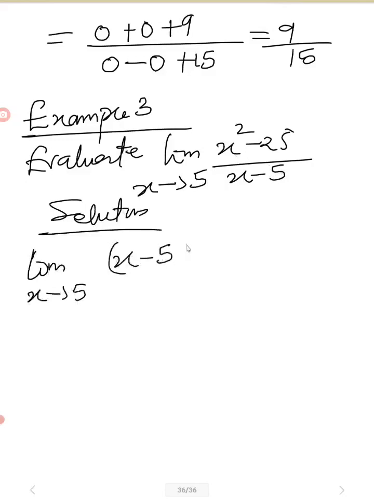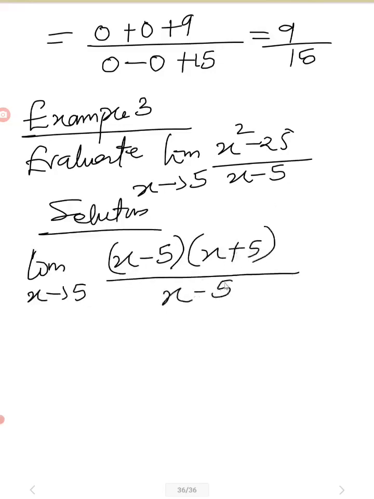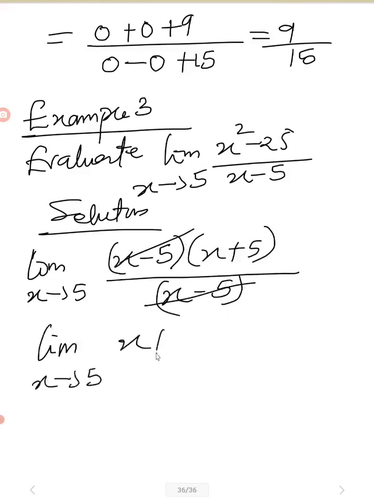By the time you simplify, it becomes x plus 5 all over x minus 5. So you discover that this will cancel this. So the limit as x tends to 5 of x plus 5 will now be 5 plus 5, which is equal to 10. So that is how we find the limit.